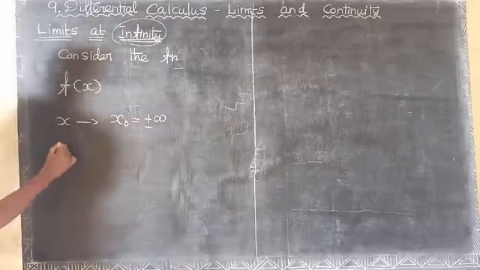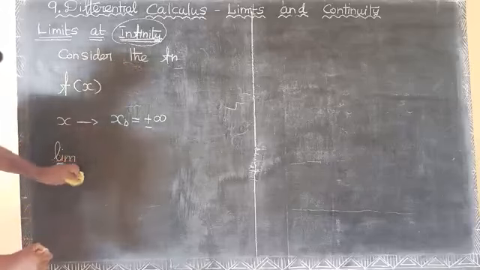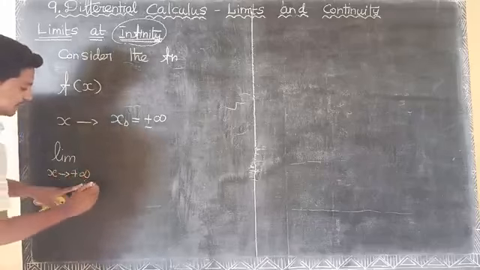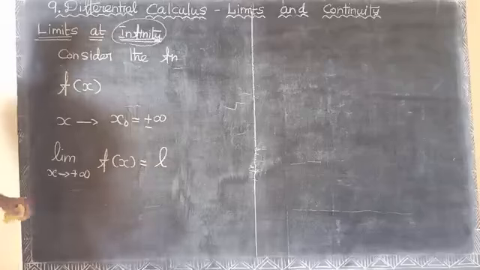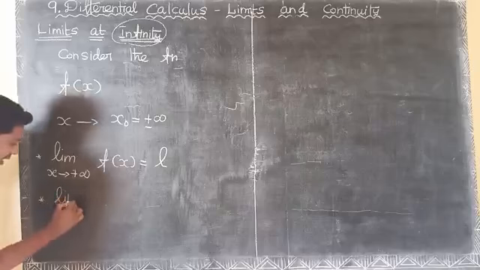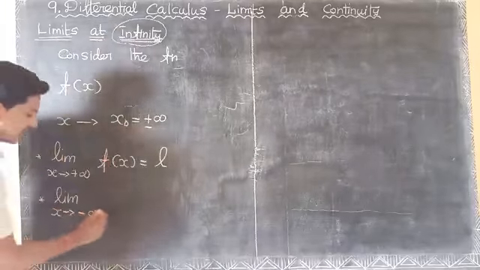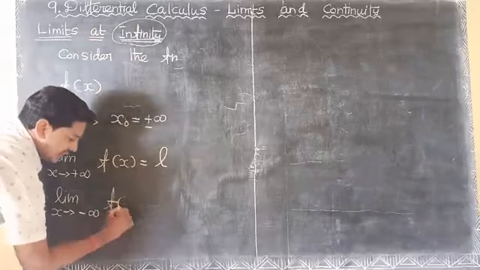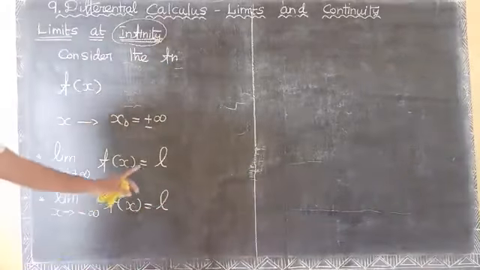Here, limit as x approaches plus infinity, we apply the limit to the function and some limit exists. In the other case, limit as x approaches minus infinity, that is the other end, replace x equal to minus infinity in the function f of x, and the limit exists. Limit exists means both are equal.